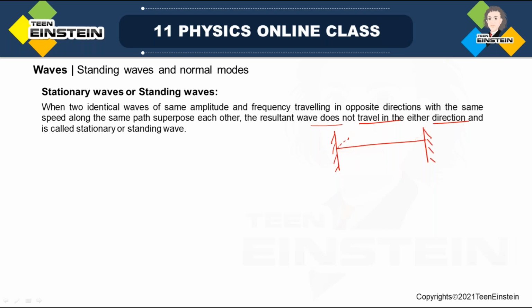Let us say the wave is created and it is traveling like this. Okay, traveling like this. So this traveling wave, I'm sorry, the amplitude is not the same in both places. Okay, I'll just redraw. Oh, sorry.